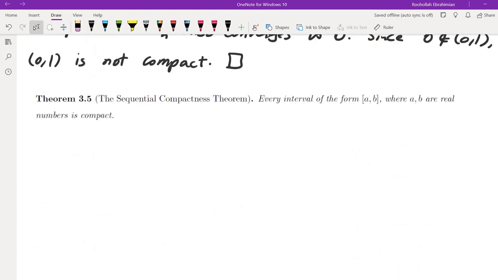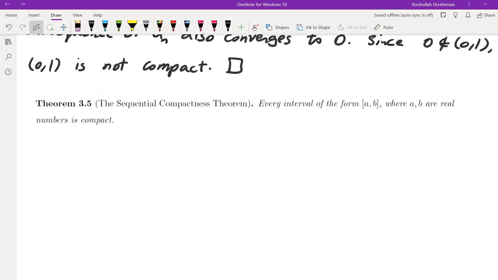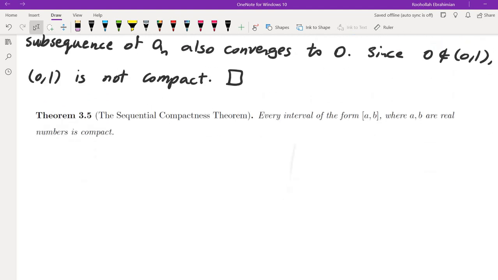So perhaps if we can avoid both of those two issues, we would get something that is compact. And in fact, that is the case. The sequential compactness theorem: every interval of the form closed interval from a to b, where a and b are real numbers, is compact. So if you take a closed interval, it would always be compact.